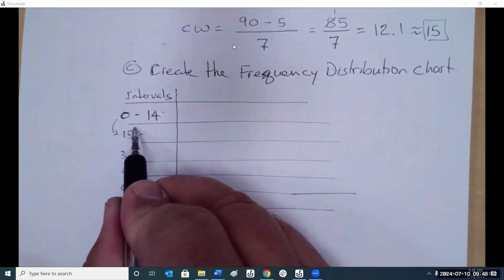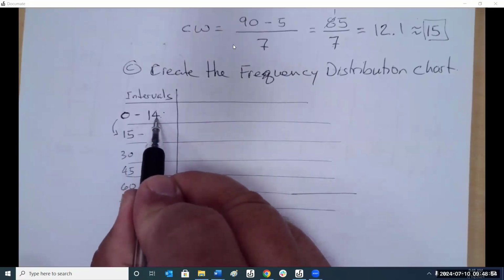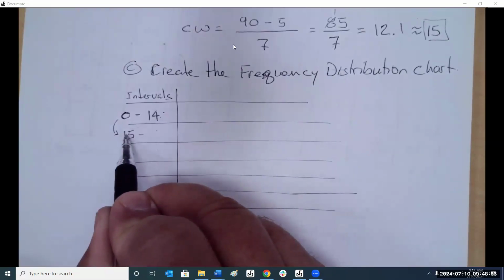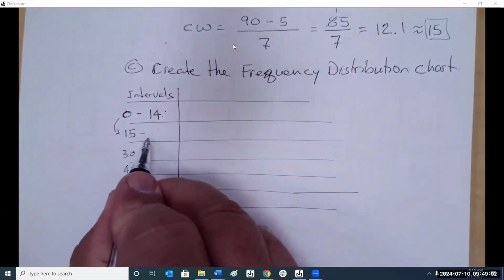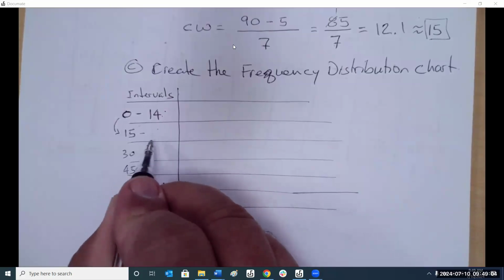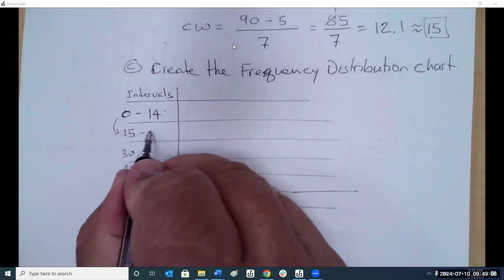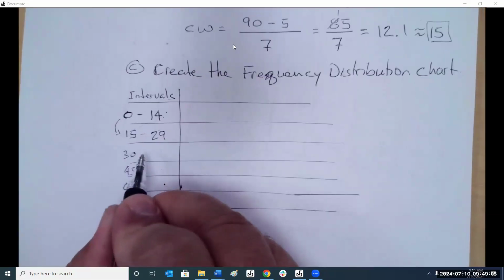So you see that there's no overlap. Where this one ends, the next one begins, because we don't have any decimals. So where is this one going to end? 29, very good, because the next one starts at 30.